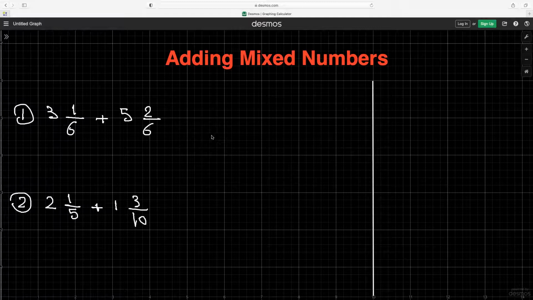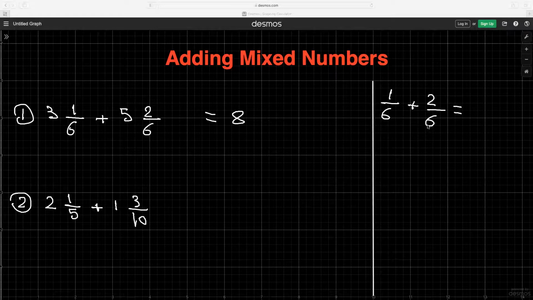I'm going to be showing you an easy way on how to add mixed numbers. So the first thing we want to do is 3 plus 5, which will give you 8. And then I'm going to take the 1/6 and 2/6 and add them separately.